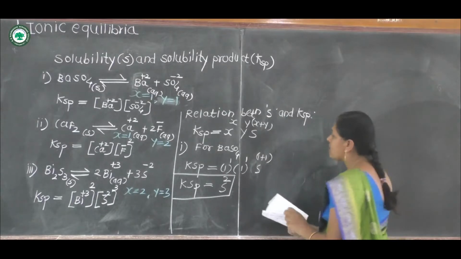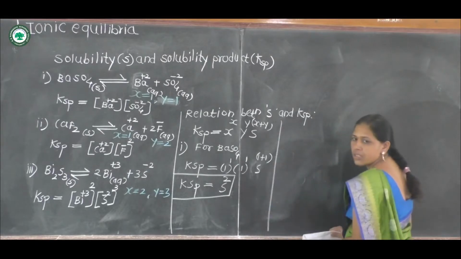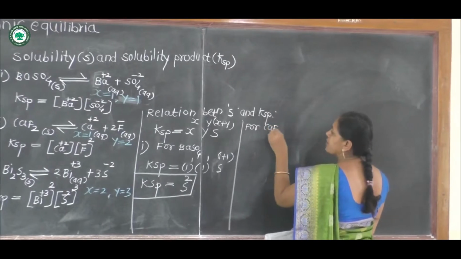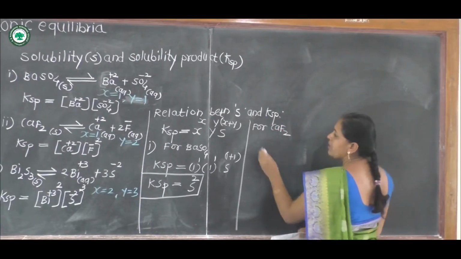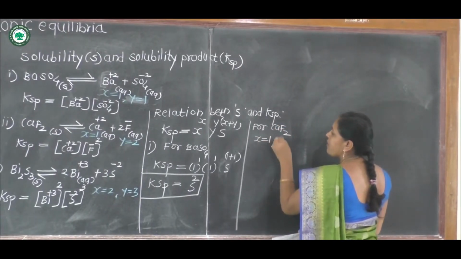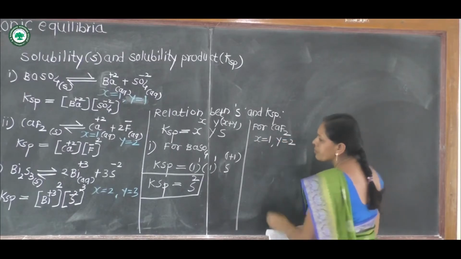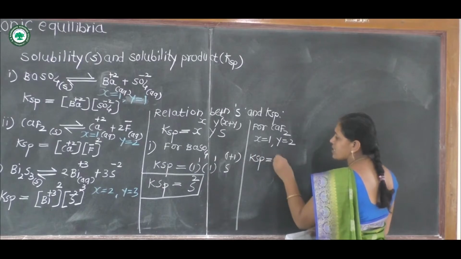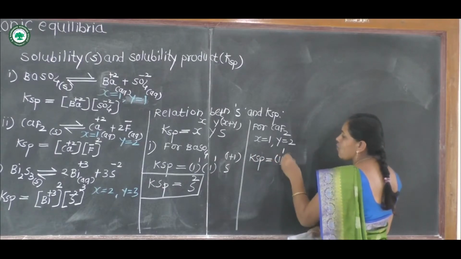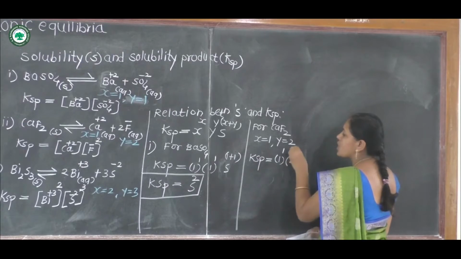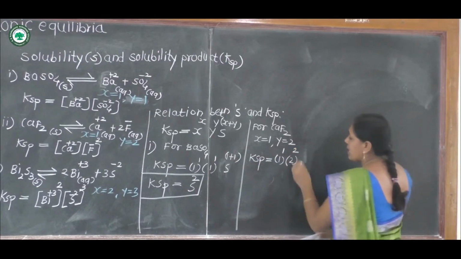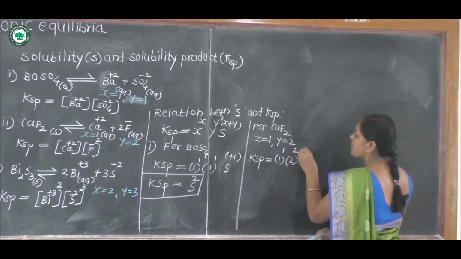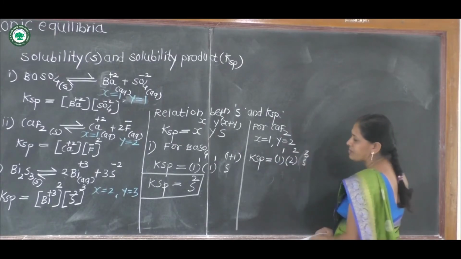Then second is for calcium fluoride. For calcium fluoride, x is equal to 1 and y is equal to 2. Then KSP is equal to x raised to x, that is 1 raised to 1, y raised to y, that means 2 raised to 2, and S raised to x plus y, that means 1 plus 2, that is 3.